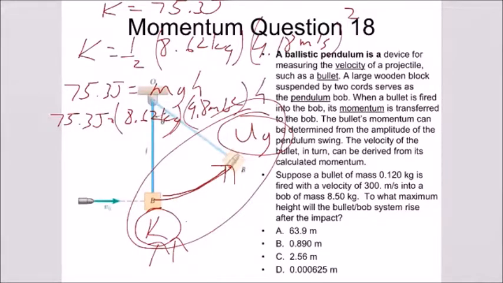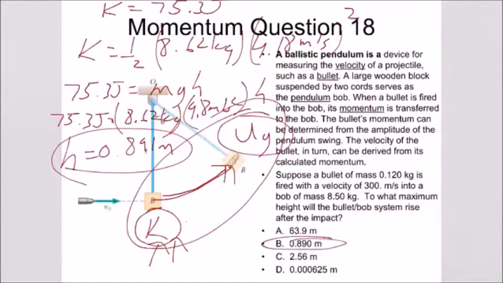We're going to divide through by 8.62 and 9.8 to get h, and we end up with h equals 0.891 meters. So our answer on this one is going to be B. And that height is the difference in height between here and here. So it's going to be this distance.